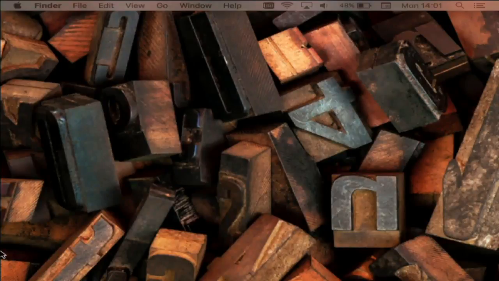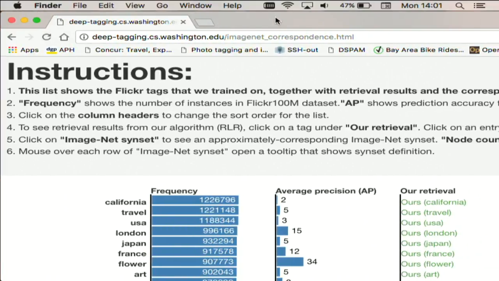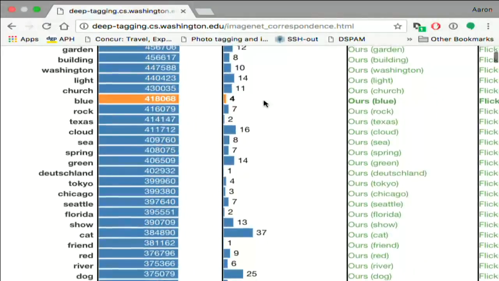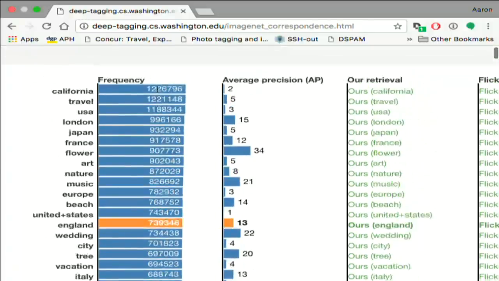I'll just briefly try to bring in this demo. This is a web page we have that shows examples of all these different Flickr tags we learned classifiers on.